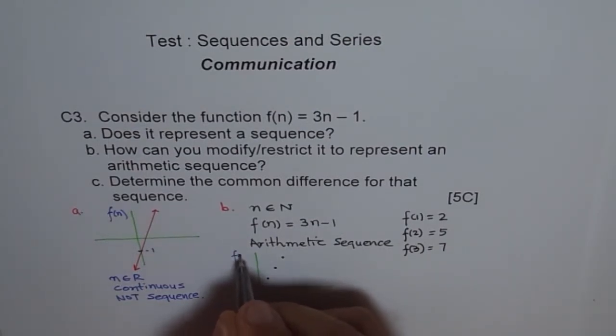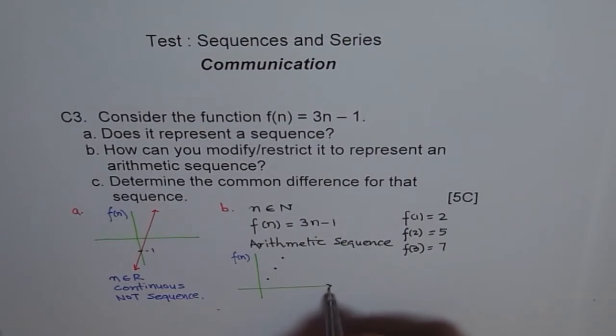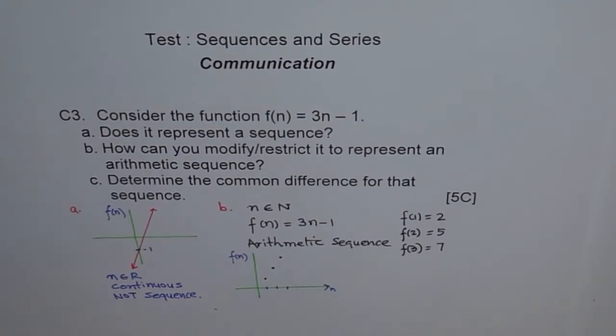Now here we have f of n, and here we have n, but it is only the set of natural numbers: 1, 2, 3, 4. So that is a huge difference between the functions which you have studied so far and the sequences. In sequences, we are looking for a domain where n is the set of natural numbers. It includes 1, 2, 3, 4. It does not include 0.